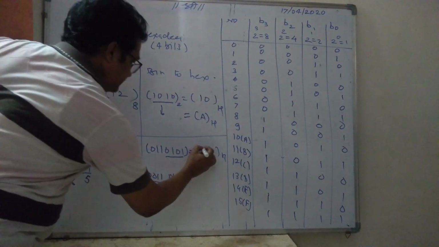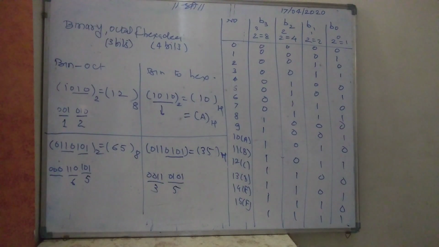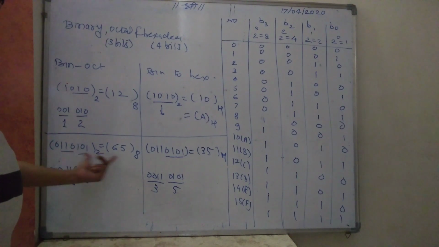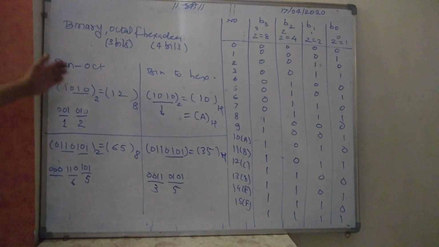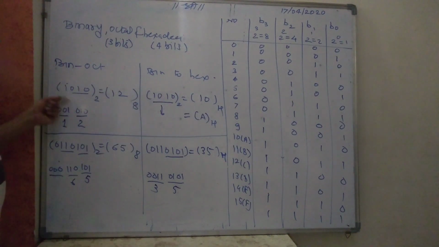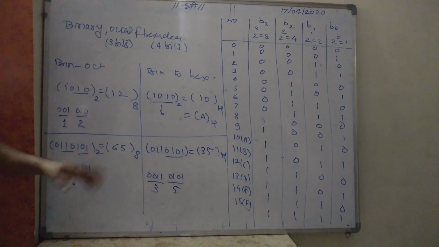So in hexadecimal it is 35. Right? So this number binary in octal is 65. The same number in hexadecimal is 35. This way we have to represent it. This is as far as integer part is concerned. Now fractional part.